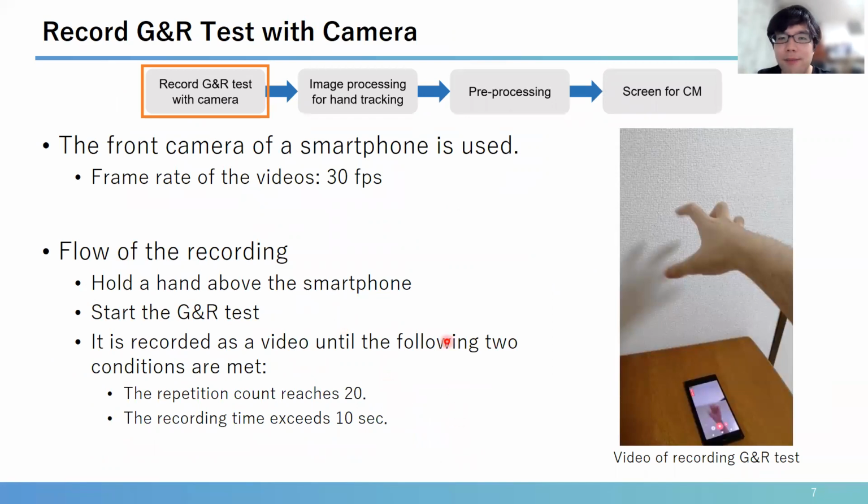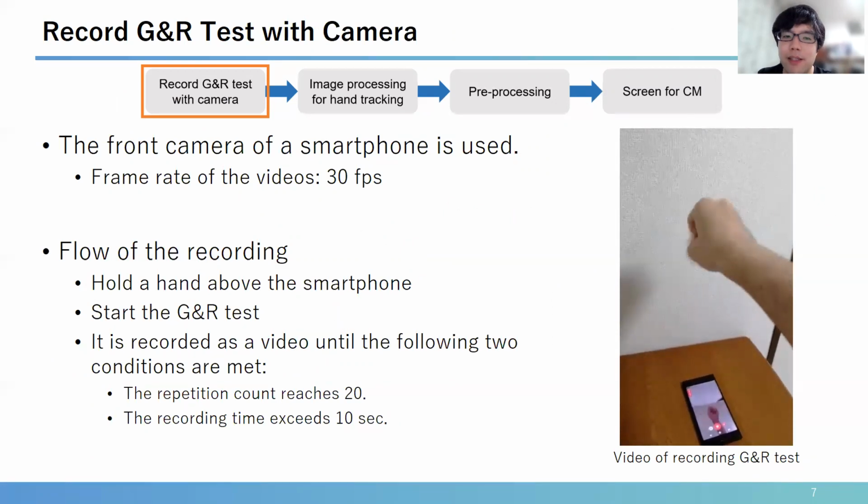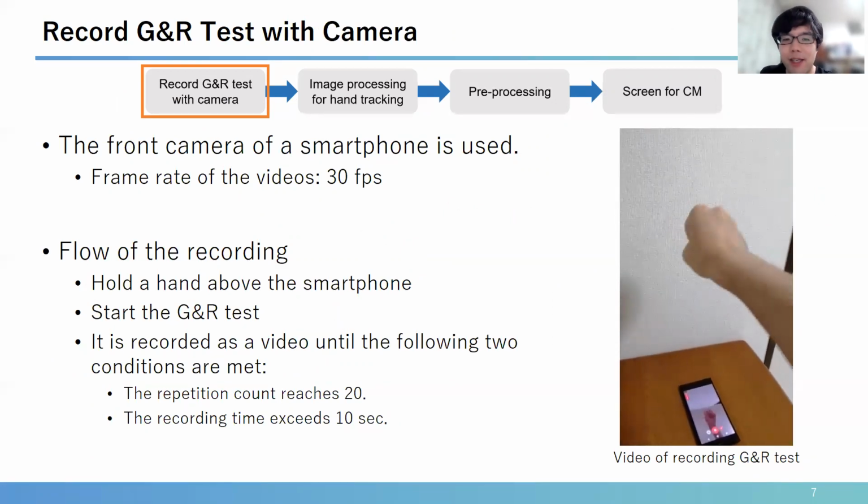The initial step is recording the grip and release test with the camera. We use the front camera of a smartphone whose frame rate is 30 frames per second. This movie shows the image of the recording. First, each patient holds their hand just above the smartphone.